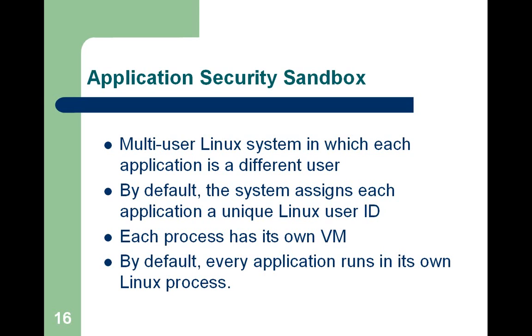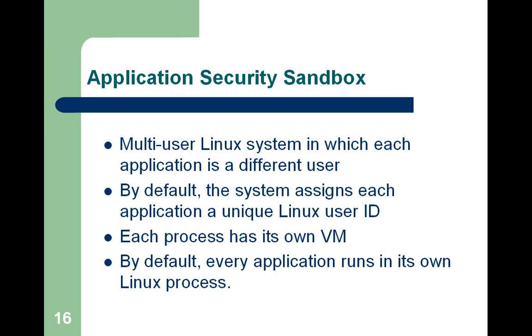Android is actually based on a multi-user Linux system in which each application is a different user. By default, the system assigns each application a unique Linux user ID. Each application has its own user ID, its own process, and each process has its own virtual machine, or DVM.